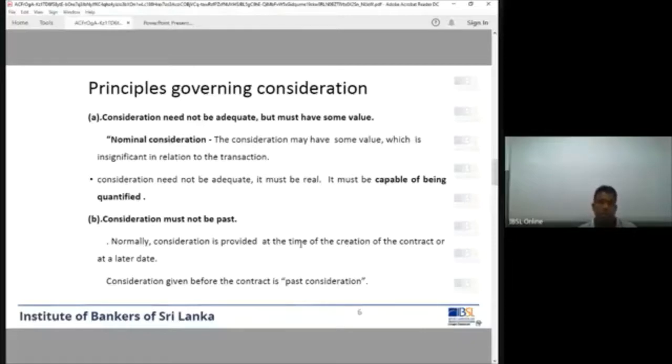What does it mean? Consideration need not be adequate, but must have some value. What do you mean by that?